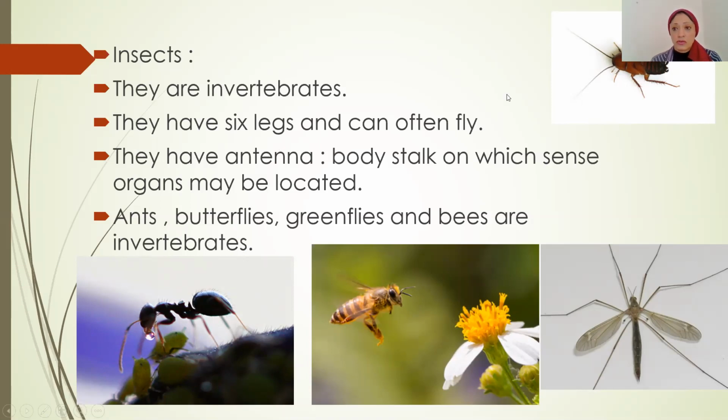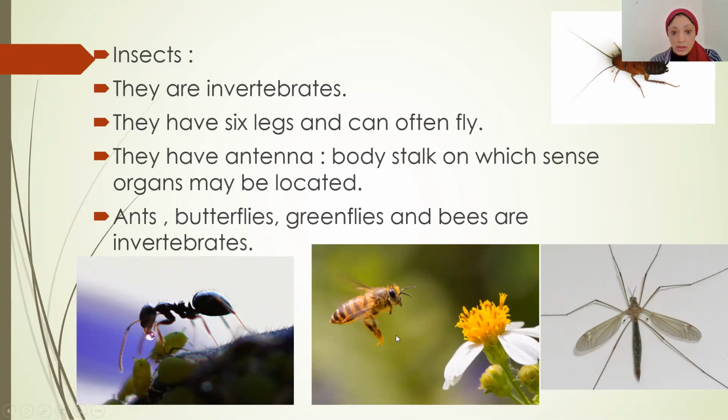Let me start with the cockroach. For example, let's see 1, 2, 3, 4, 5, 6. So it is an insect. Here, this mosquito: 1, 2, 3, 4, 5, 6. So it is an insect. For the bee, it's not clear here. We have 1, 2, 3, and on the other side we have the same, because each leg has another one.